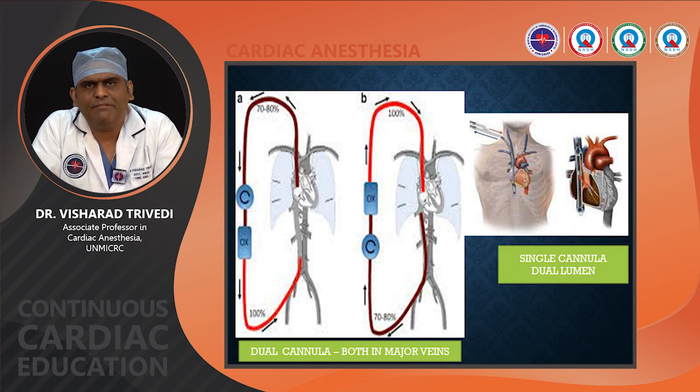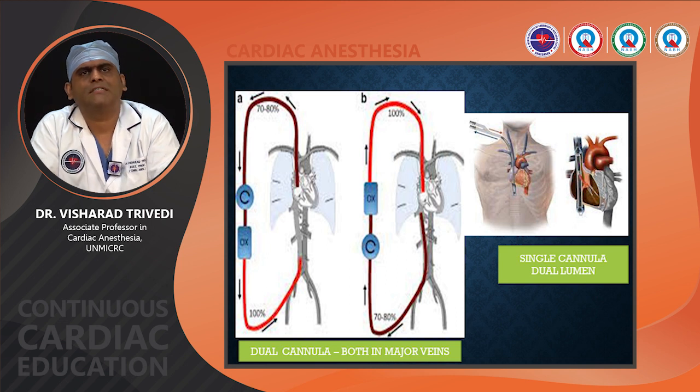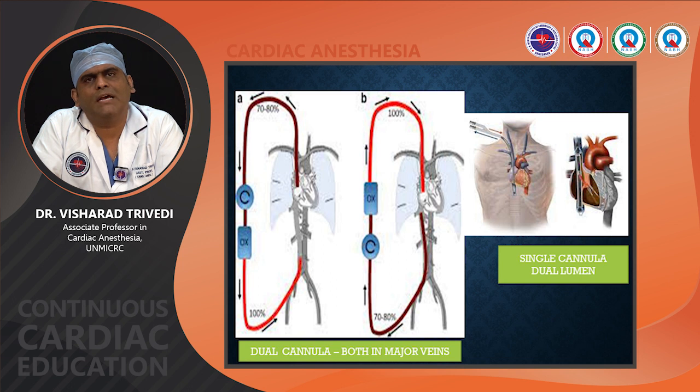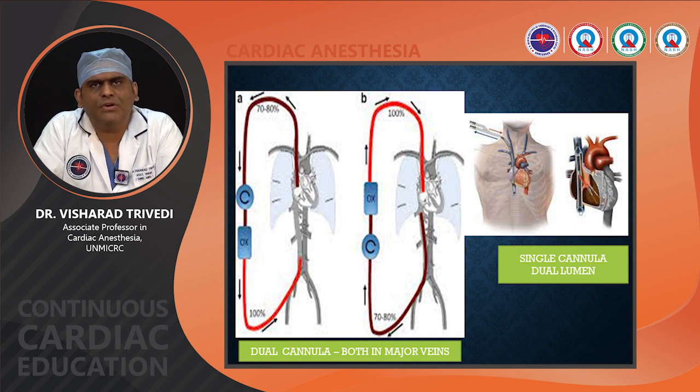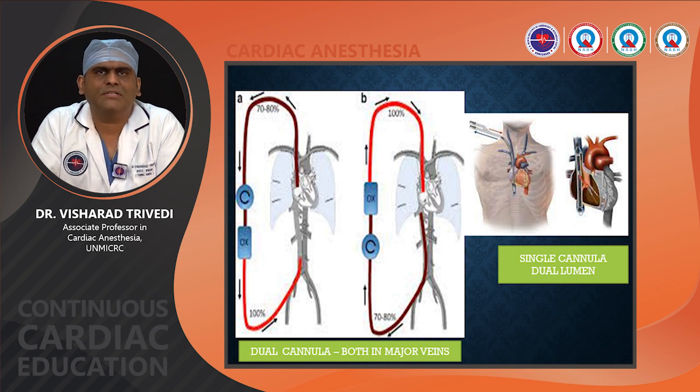Figure B would preferably be the better choice based on anatomical landmarks: we are taking blood from the RA and giving it back into the RA through the SVC. The SVC is more inclined towards the tricuspid valve, so the oxygenated blood you are giving is more likely to go into the systemic circulation rather than coming back into the femoral vein via recirculation.